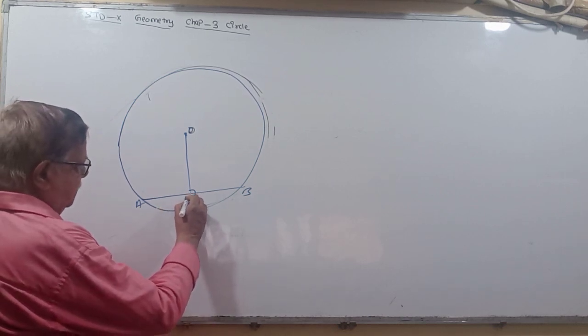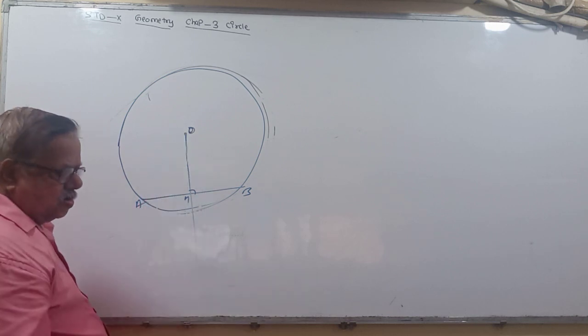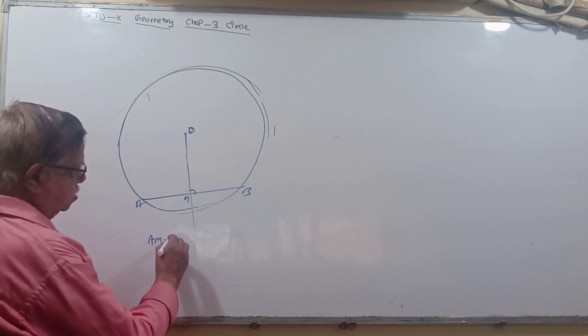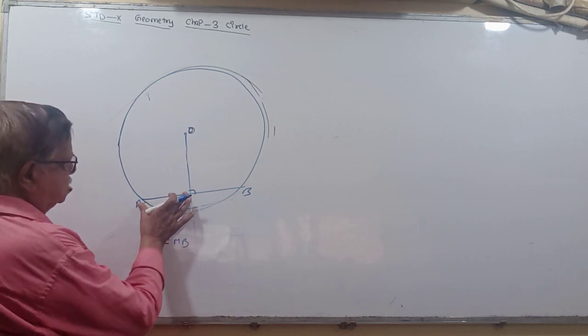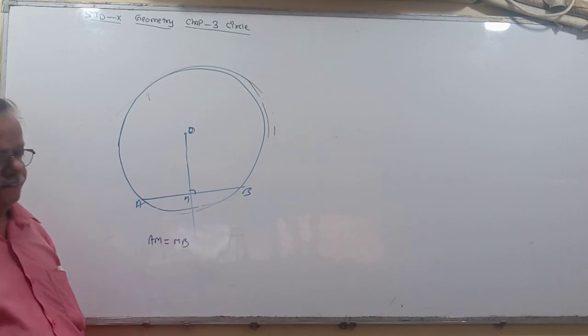Suppose this is M. That means AM equals MB. This is what we have studied in the 9th standard.